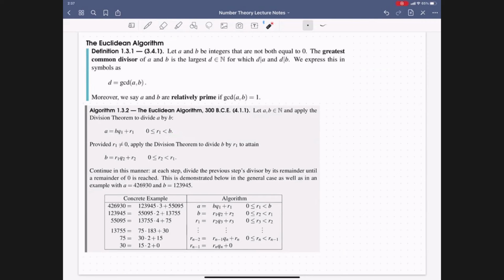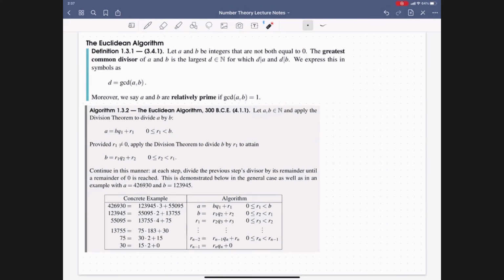Once we write it in this form, if r1 is not equal to 0, we apply the division theorem again, but now to b and r1. And so we apply the division theorem to b and r1, and so now we have integers q2 and r2, where r2 satisfies the condition that 0 is less than or equal to r2, which is less than r1.